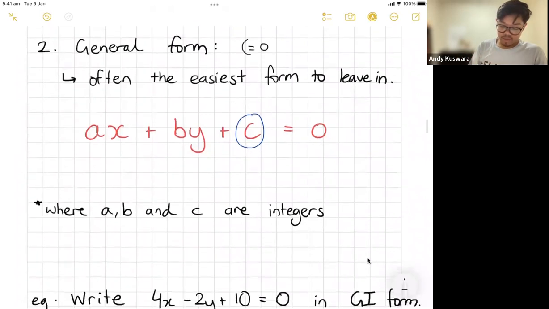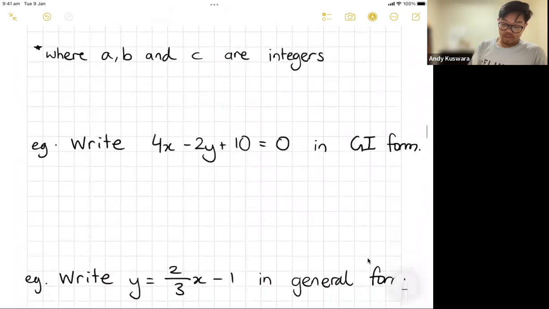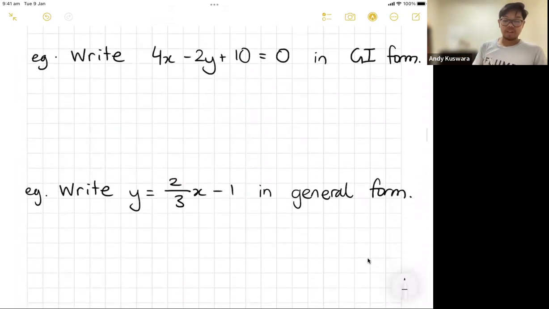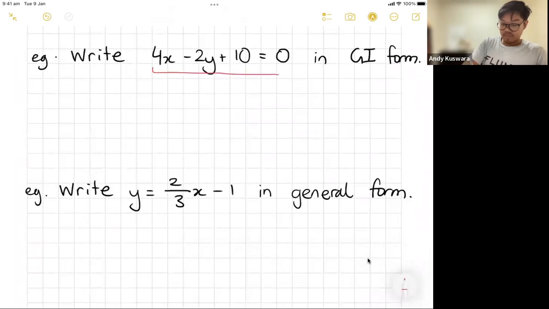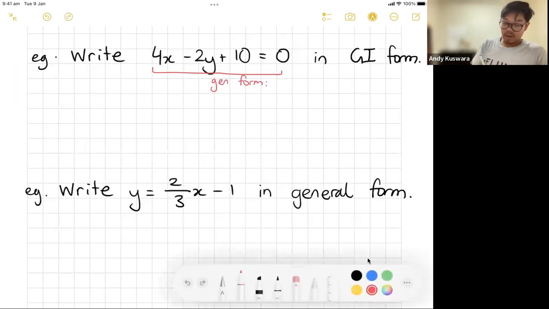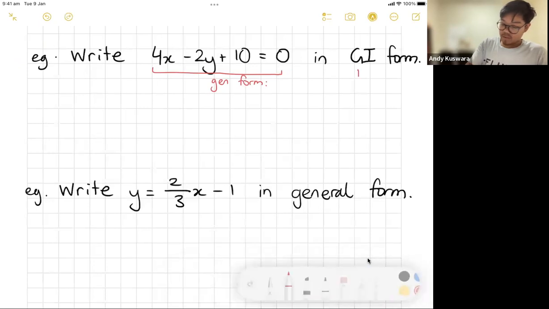Okay, integers. Now, to practice this, let's try rearranging this. Right now, this first one here is general form. The reason I know that is it equals 0. And now I want to write it in gradient-intercept form, and gradient-intercept form, if you remember, is the form that starts with y equals.